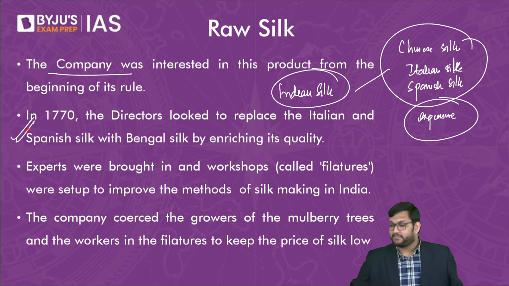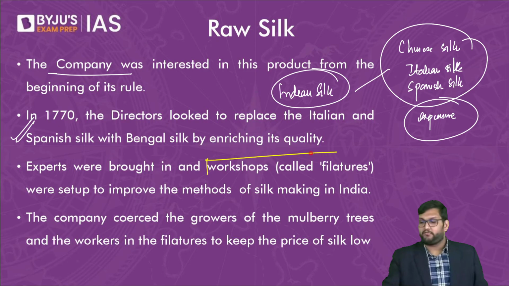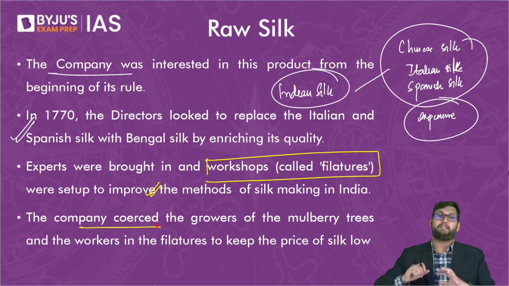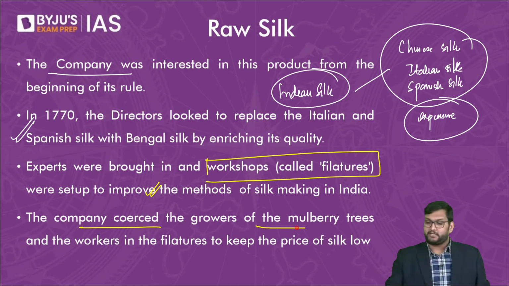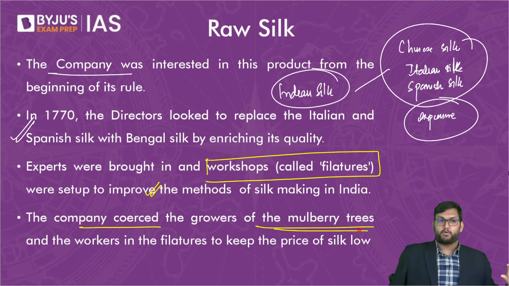Therefore, they introduced a new technology called the filiatures, so that the method of silk making was improved. And the company also coerced, meaning forced, the peasantry to grow mulberry trees so that the filiatures and the cheap silk could be produced.